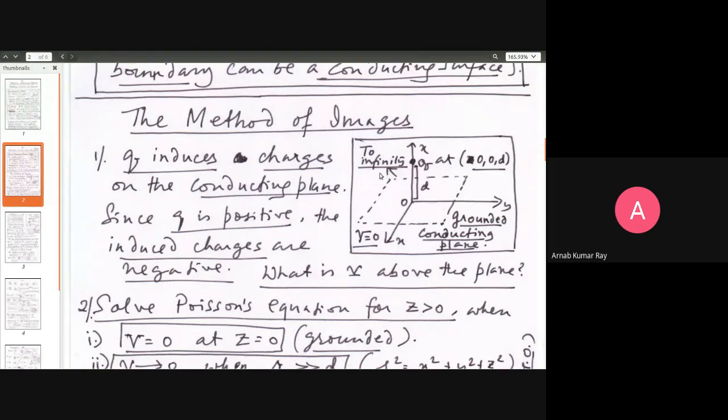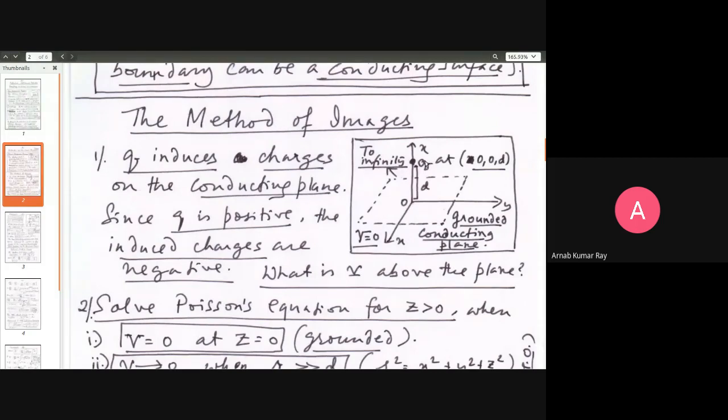And meanwhile, the negative charges will get attracted towards the plus Q, and so the negative charges will come closer. So basically here you will have a pocket where there will be more negative charges than positive charges. The positive charges will be repelled to great distances away on the plane, whereas the negative charges will be drawn towards this point at the center of the plane. So the local charge homogeneity will be lost.